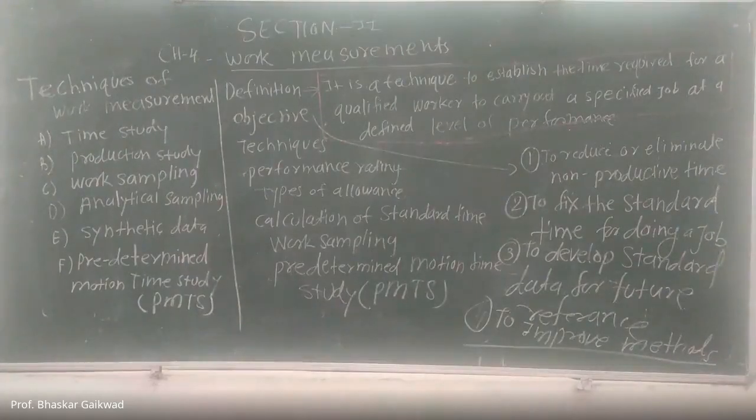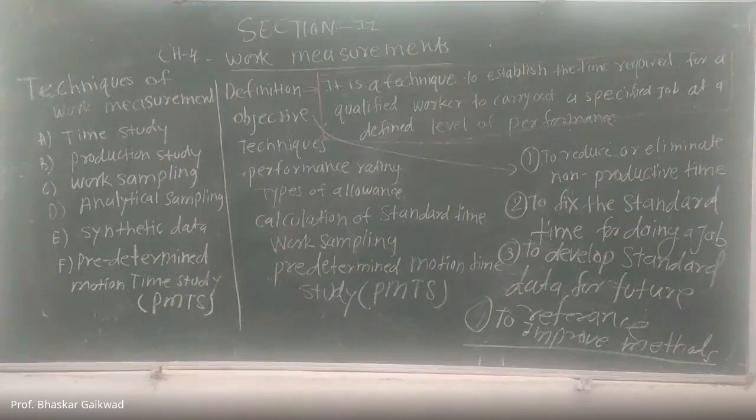We have to calculate the time required for manufacturing this bearing. And once this time is calculated, the same time we give to other workers, and accordingly payment systems, cost estimations, production and productivity will be there. So in every industry, there is a need for work measurement.